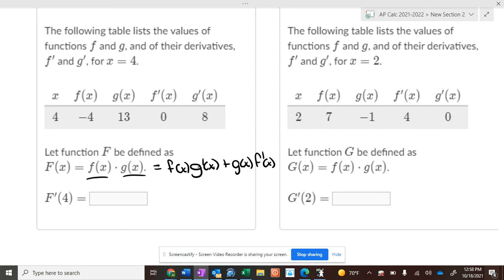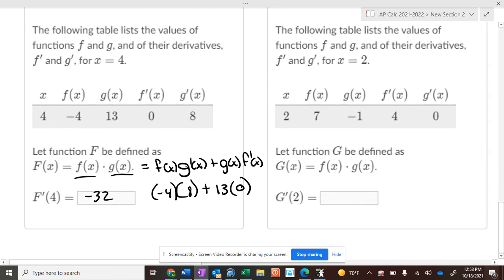Okay, so what we need to do is just put these numbers in for the appropriate spots. So f of x is -4, g prime of x is 8, g of x is 13, f prime of x is 0. Well, 13 times 0 is 0, so this would be -32.